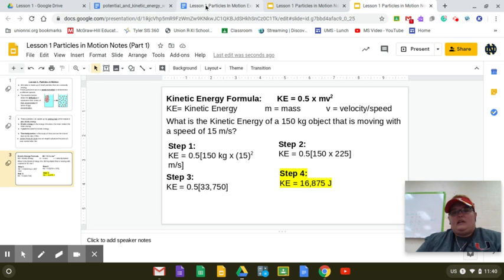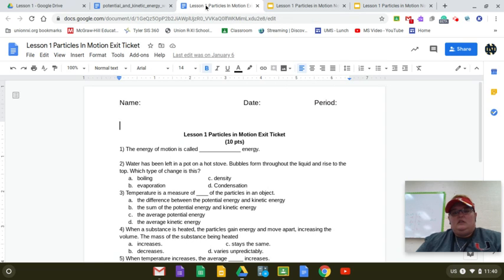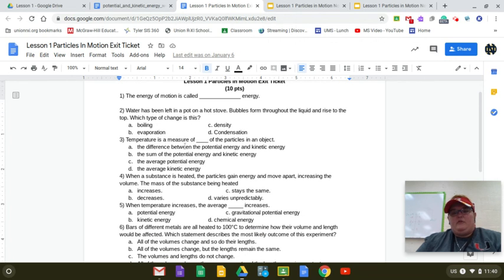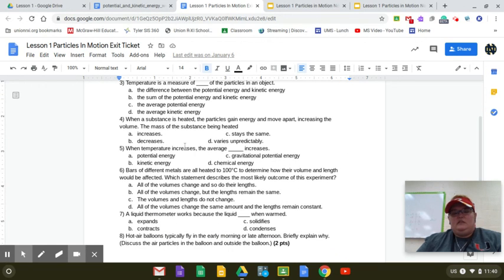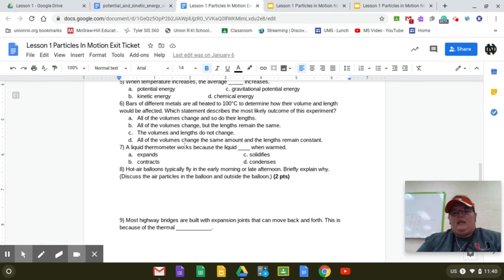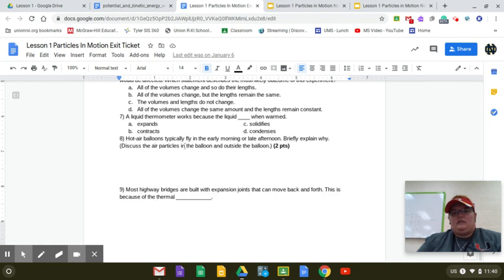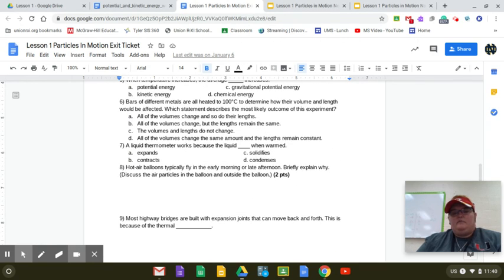With that, your assignment is, here it is, this assignment right here, particles in motion exit ticket. And you're going to answer these on the page. All of these should be able to be answered from the notes that we went over.